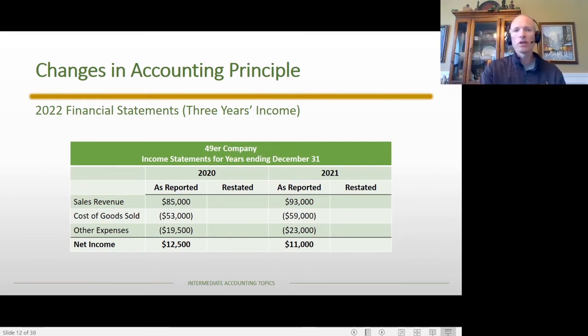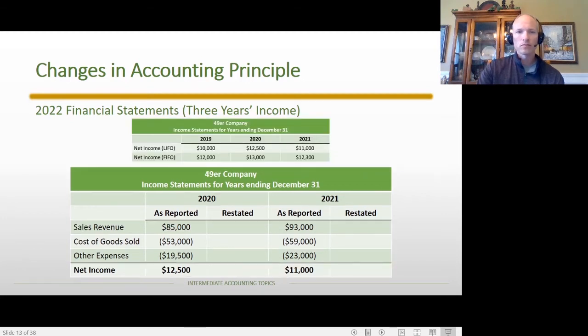And so what I've done here is I've given you the 2020 and 2021 income statements. We have these 2 years, and this is what was originally reported when we had used LIFO. Now we've got to think about what will be restated amounts for each of these accounts. And so what I'm going to throw in here is that reference, looking back at that prior information, looking at the change in income year over year.